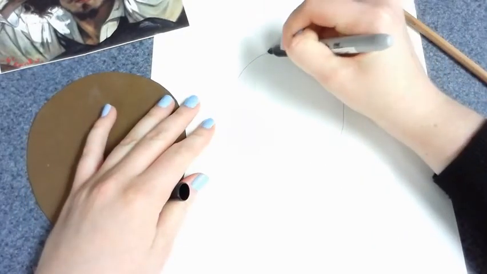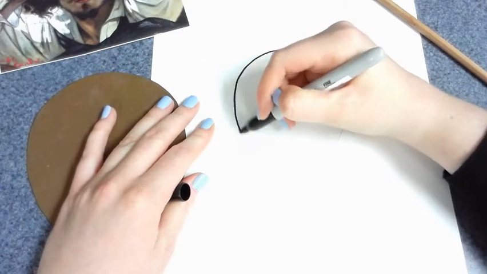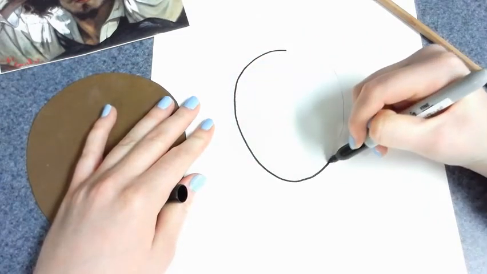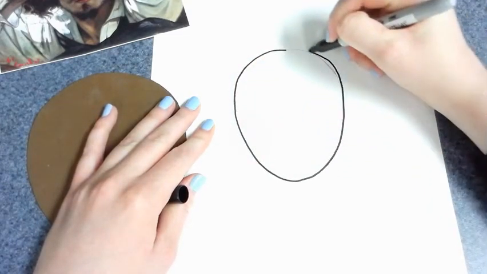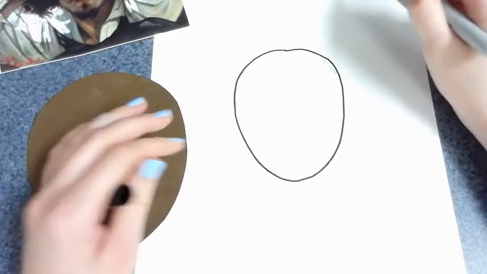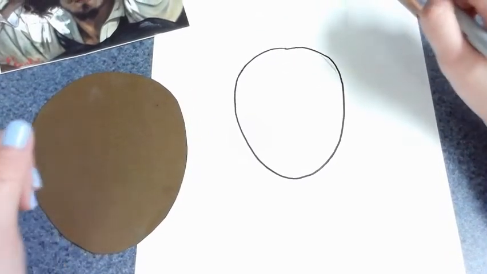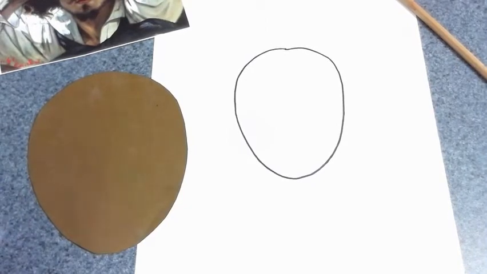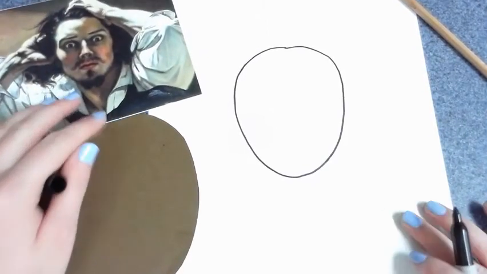I'm going to use a marker so that you can see what I'm drawing. And I'm going to make my drawing about how I was feeling really lonely when I had to self-isolate in my house.